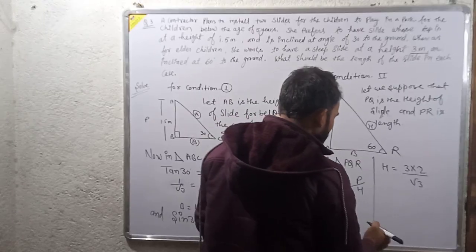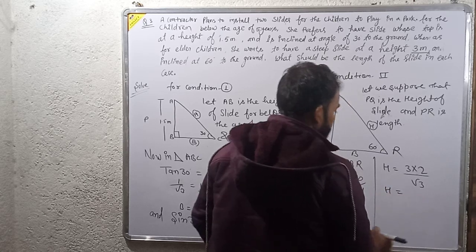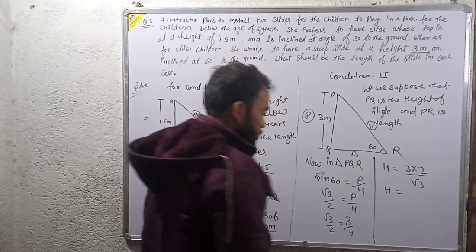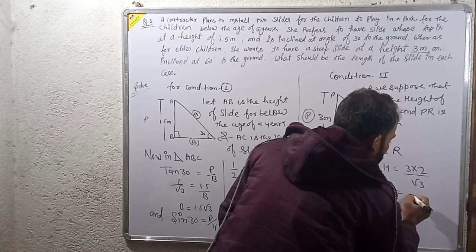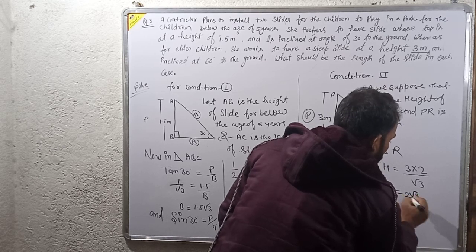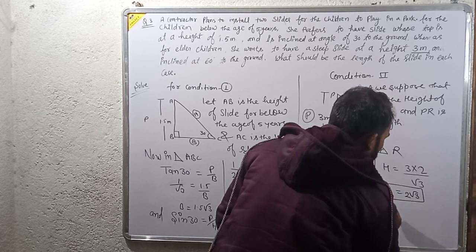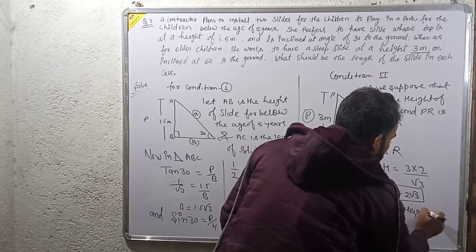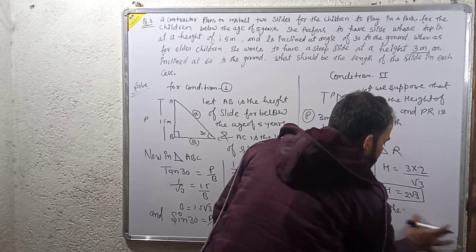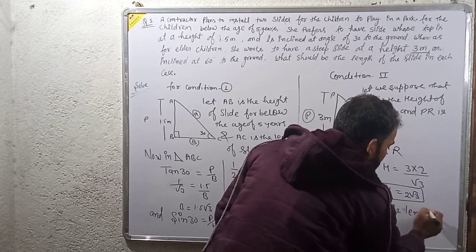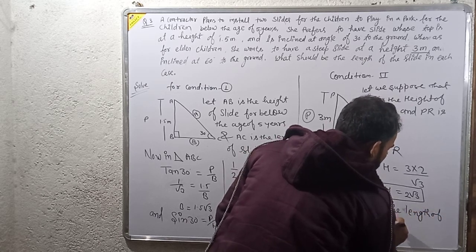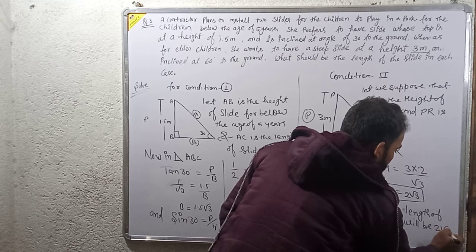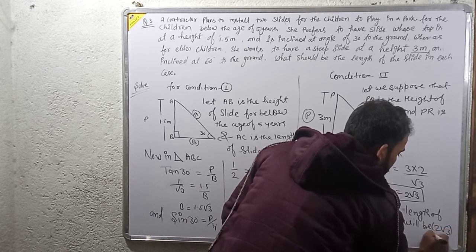So H is equal to 3 into 2 upon root 3, which becomes root 3 into 2, that is 2 root 3. So the length of the slide will be 2 root 3 meter.